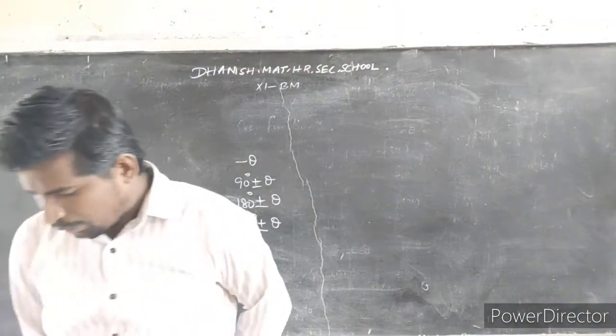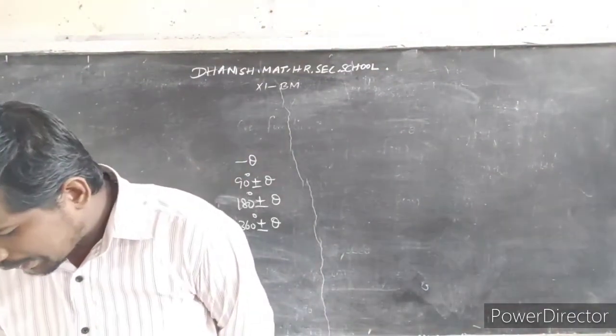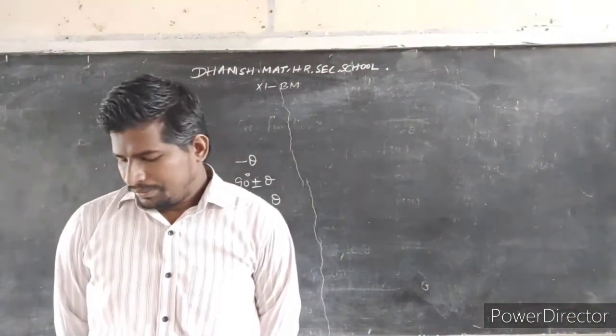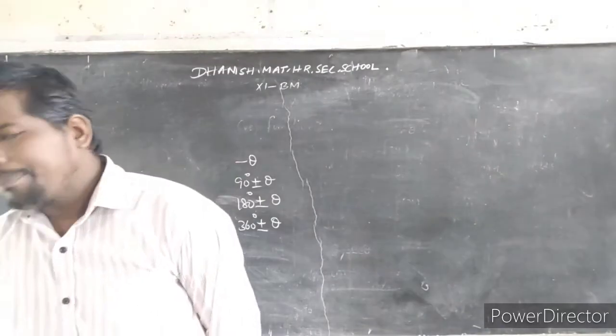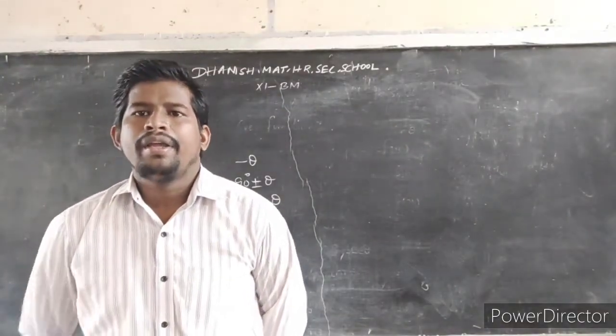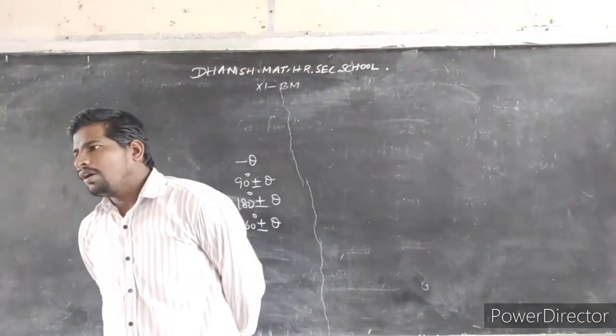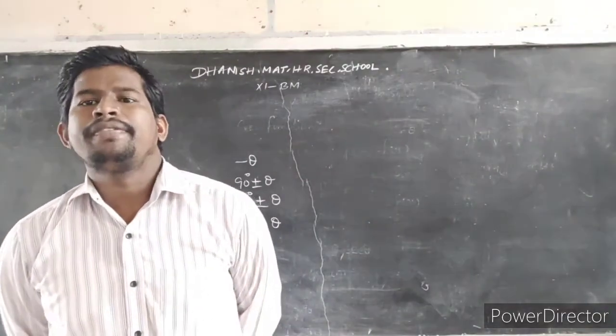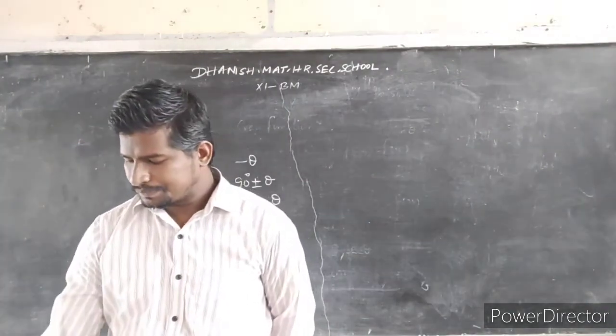Look at the book, page number 79. There is one table. Learn it properly. By understanding the table, you can find the trigonometric values of any angle.